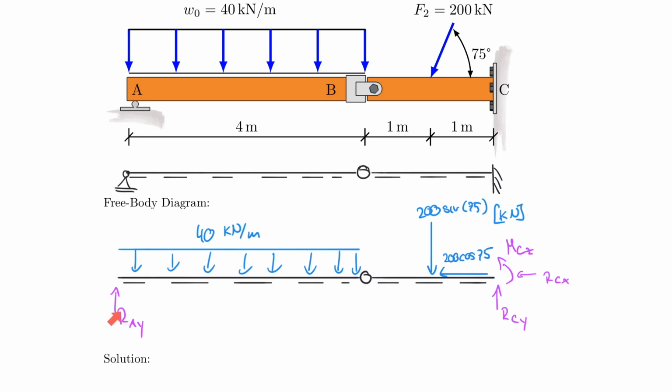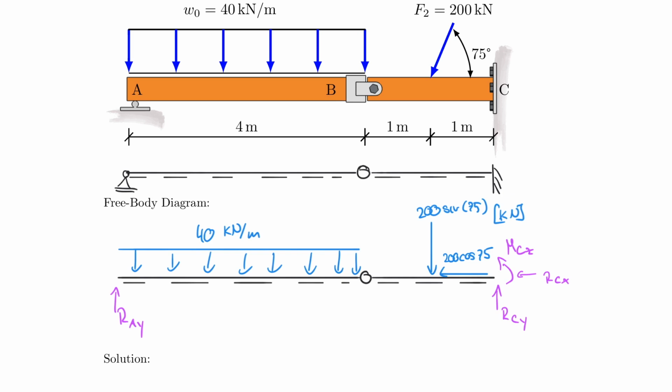If you remove RAY, which is really what you do in the equation that I will show you in a second, then the 40 kilonewton per meter over a distance of 4 meters and a lever arm of 2 meters is really rotating downwards. But the force that is rotating downwards is 40 kilonewton per meter times 4 meters. So that would be 160.